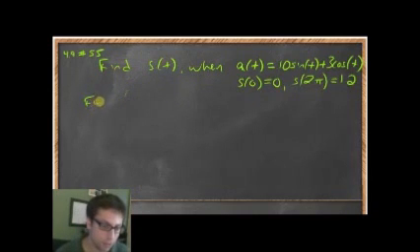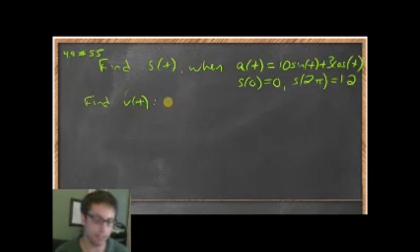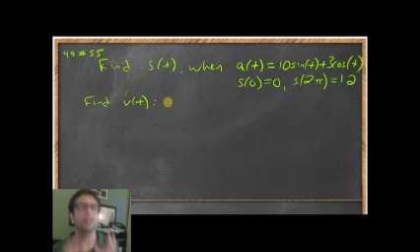So what we're going to do is we're going to find v of t. And then we'll find s of t, because the antiderivative of a of t is v of t, velocity, and then the antiderivative of velocity is s of t, which is distance.